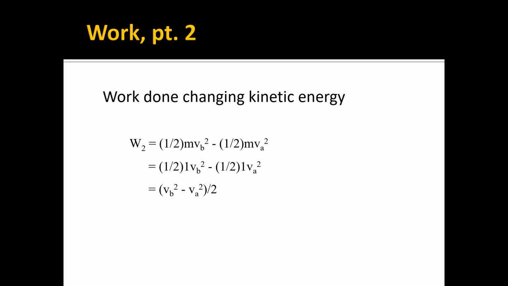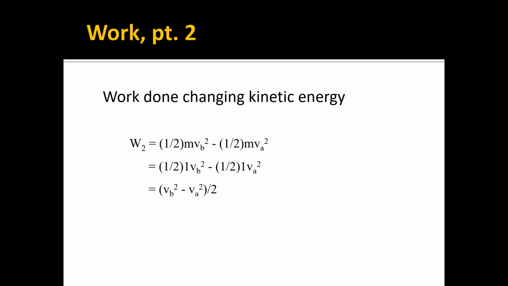Next, we are going to look at the kinetic energy. Kinetic energy means that the mass may be moving at point A and moving at point B. We call the velocity at A, VA, and the velocity at B, VB. If there's a change in that velocity, that would correspond to a change in kinetic energy, which has the same units as work.